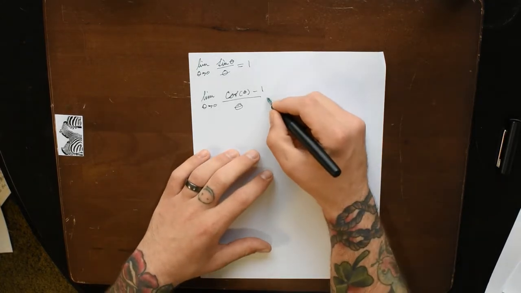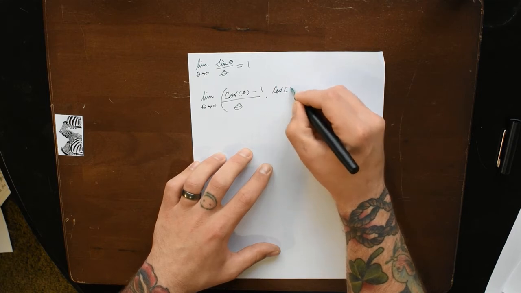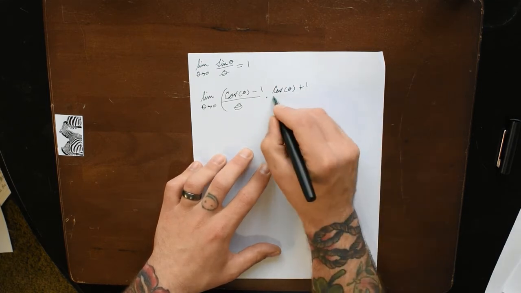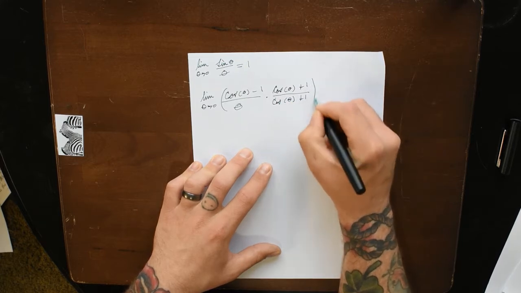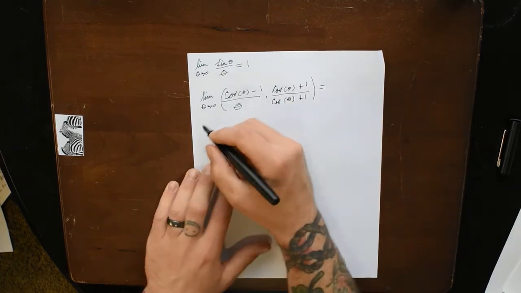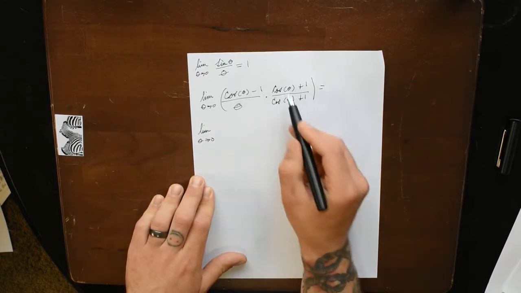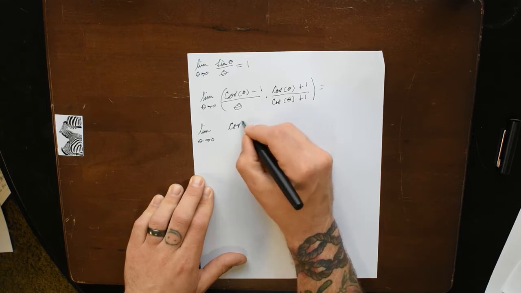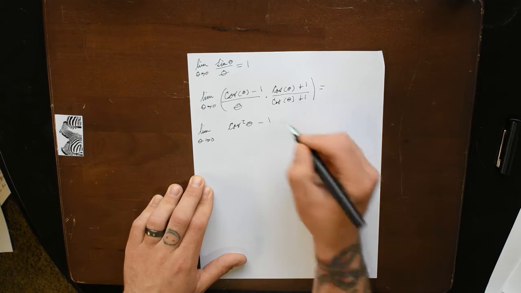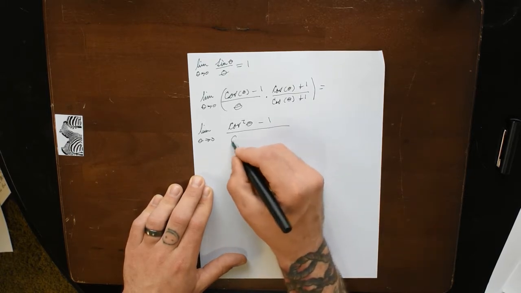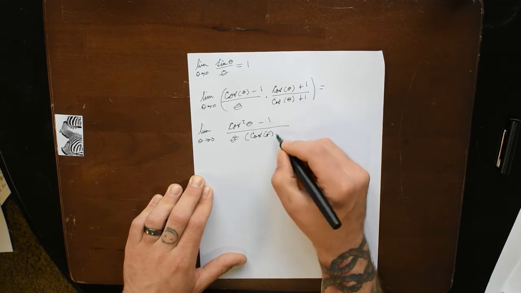What we can do is multiply top and bottom by cosine of theta plus 1 divided by cosine of theta plus 1, and that'll give us the limit as theta goes to 0 of cosine squared of theta minus 1, all divided by theta times the cosine of theta plus 1.